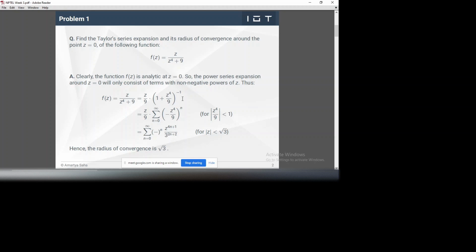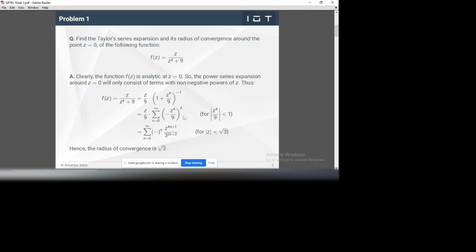Then from there on we simply use the binomial expansion for negative powers. So pretty straightforward. This second line is nothing but the binomial expansion applicable for a negative power. Here the negative power is minus 1.